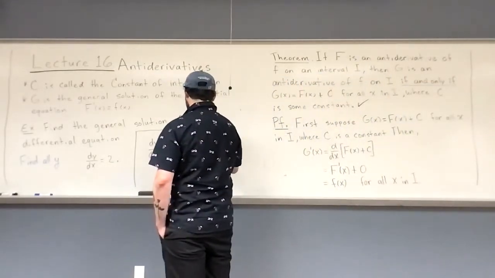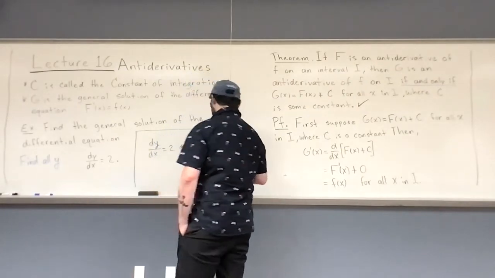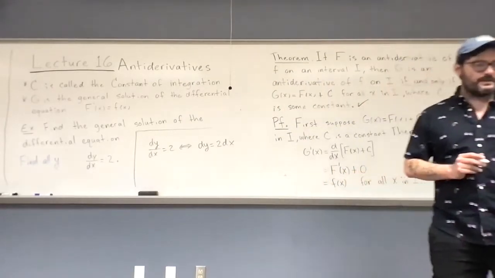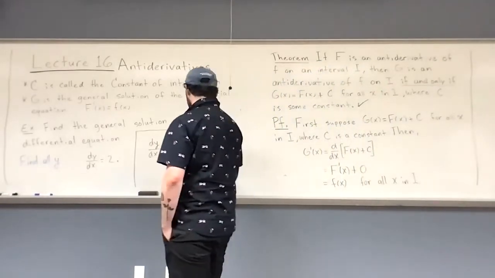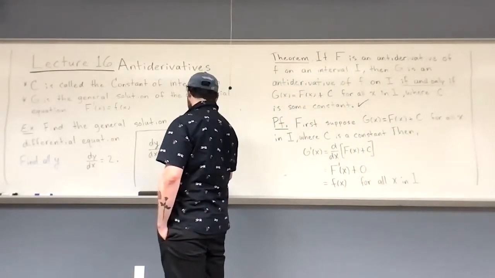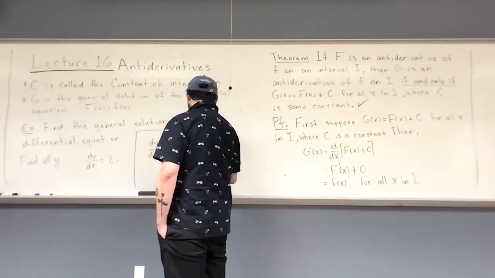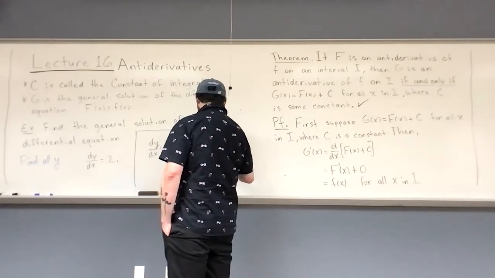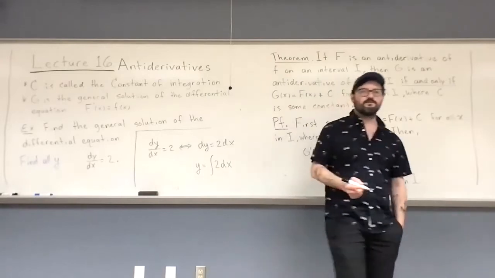And we get that dy is equal to 2 dx. And then we do something like this. So this is where the notation comes in. y is equal to this. What is that, right? It's a new symbol.